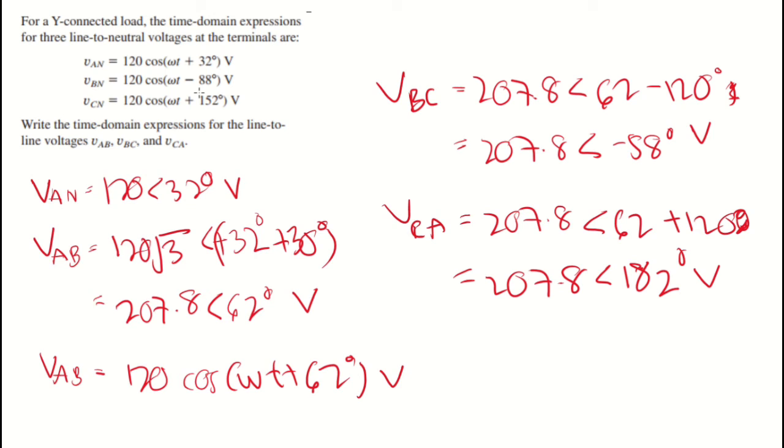Okay, so this is the answer, but for the final you need to change it to a time domain expression like this one, but all the info is here, the degree and the magnitude. Okay, hope you understand. So let's continue to the next question.